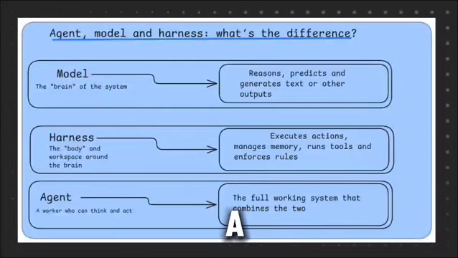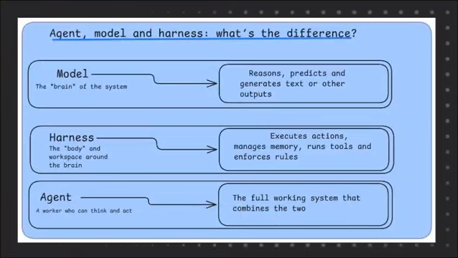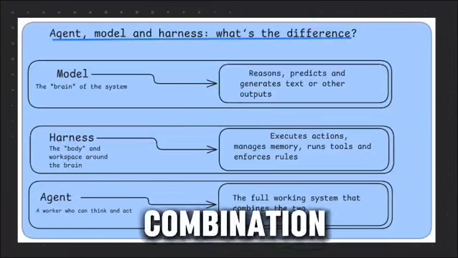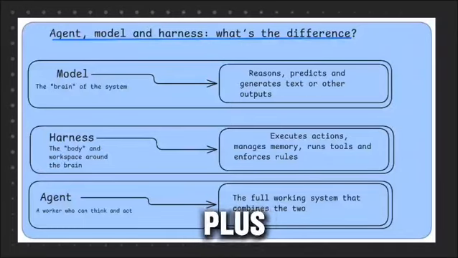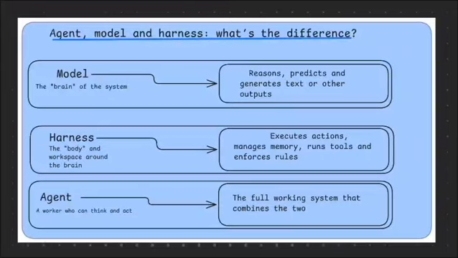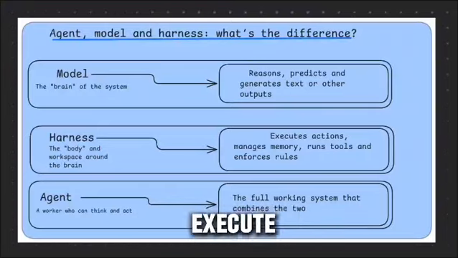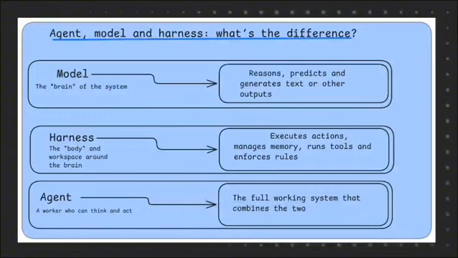It is runtime infrastructure. An agent is a combination of the two, model plus harness, and it is the operational worker. The model generates intent, the harness validates, executes, and records the intent, and the agent is the operational worker that combines those two tasks.